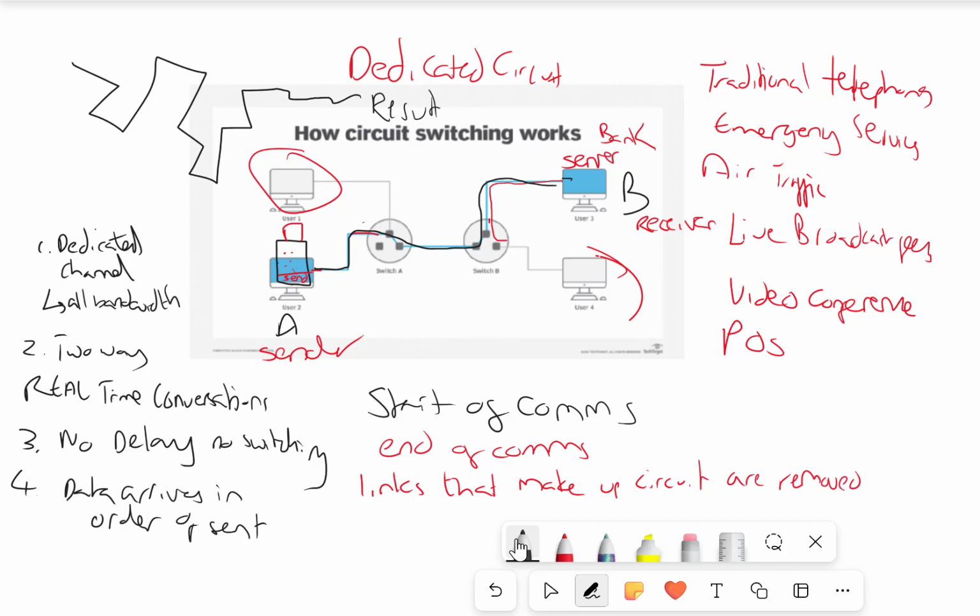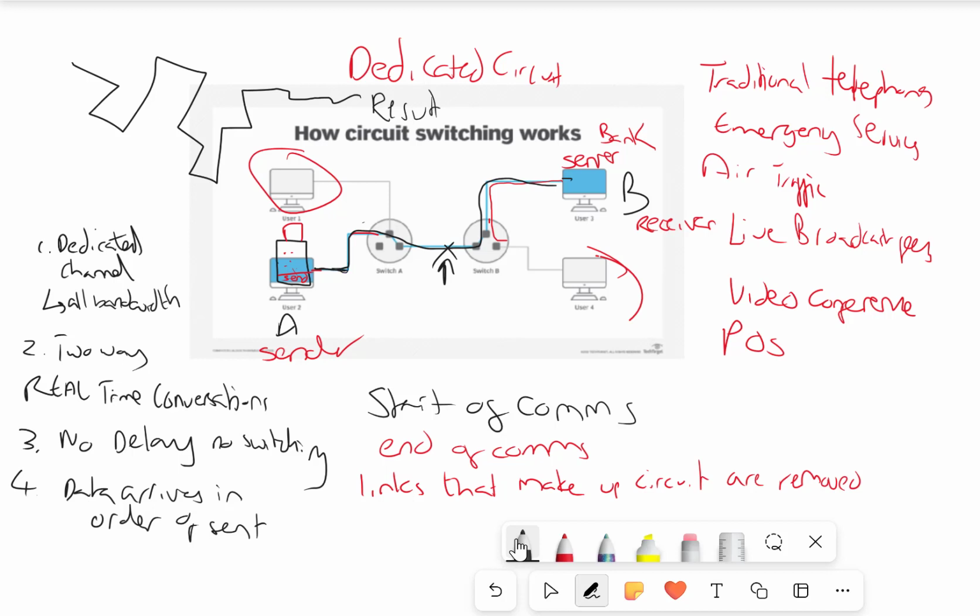So the packet switching, which we'll look at, has to put packets back into order when it arrives, which takes a bit of time. Circuit switching arrives in the order which is sent, so the other end doesn't have to reassemble it into that order, which means it's going to seem to be quicker. There are negatives, like data can be corrupted, but that's the same with packet switching as well. Data can be corrupted on its journey. Data is less likely to get lost.